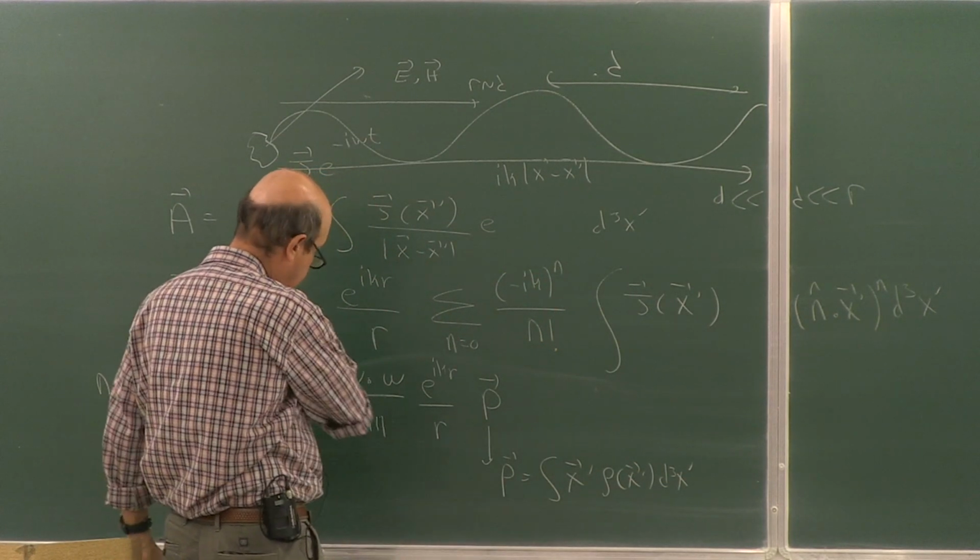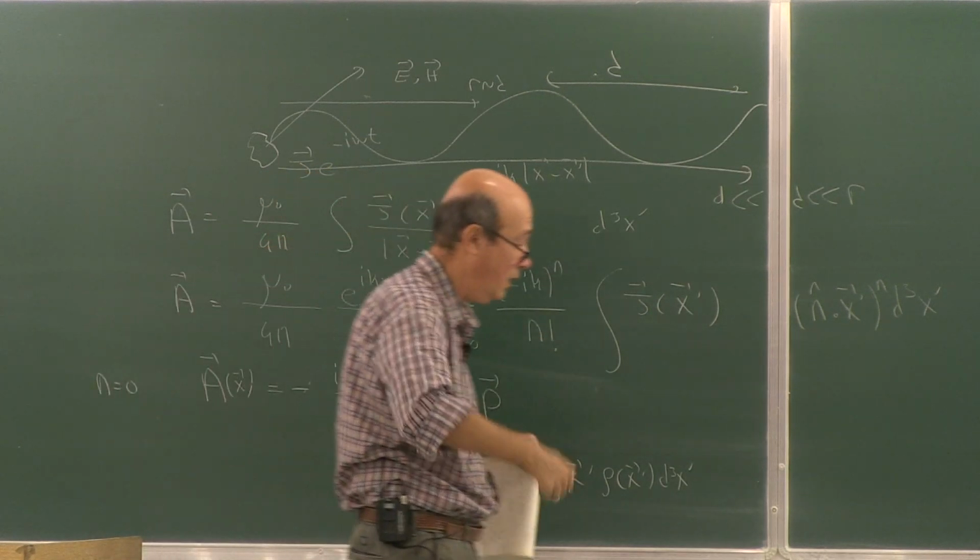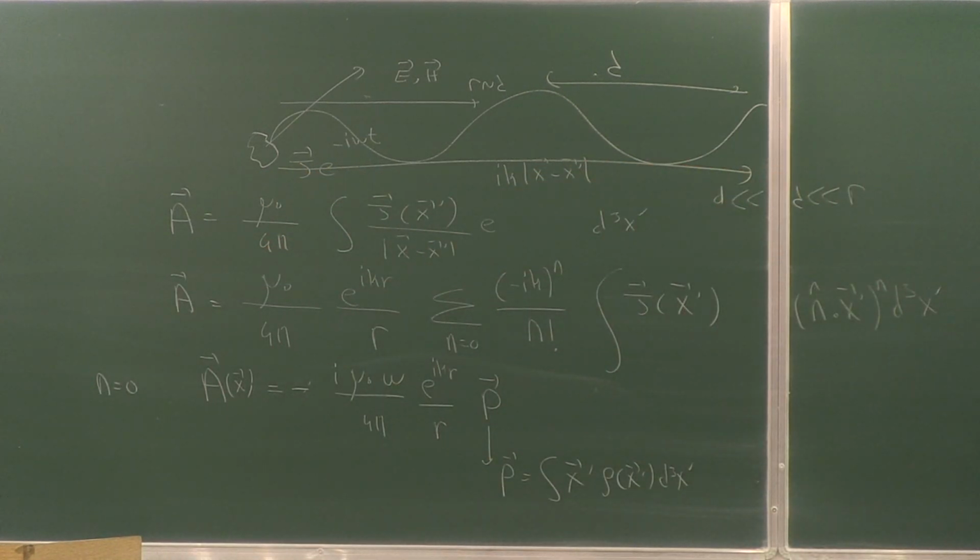And I said that this vector potential is behaving as a spherical wave. So this is the point we stopped last time.